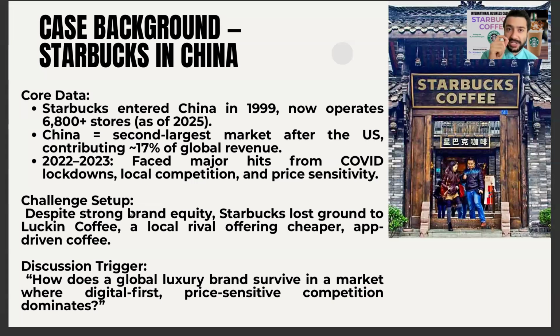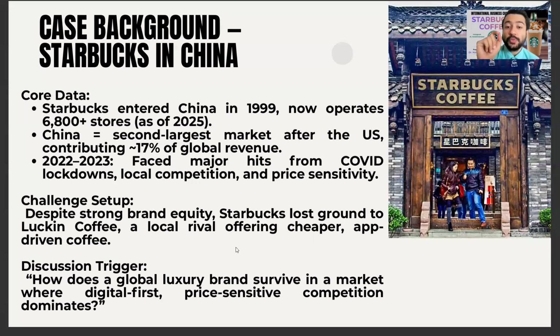The biggest challenge was Luckin Coffee. What is this Luckin Coffee? Luckin Coffee is a homegrown brand that went fully digital and started selling coffee at half the price of Starbucks. That means it was offering much cheaper coffee than Starbucks.